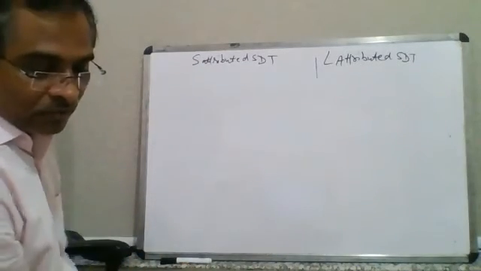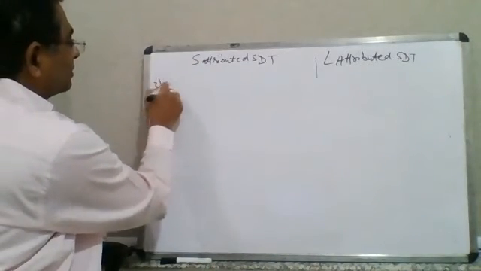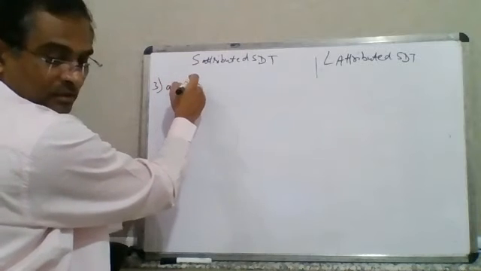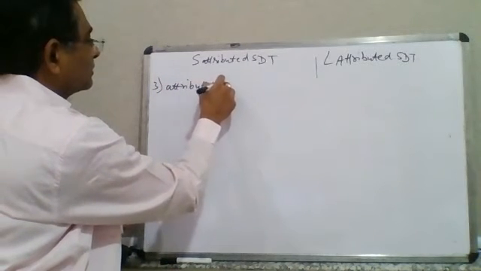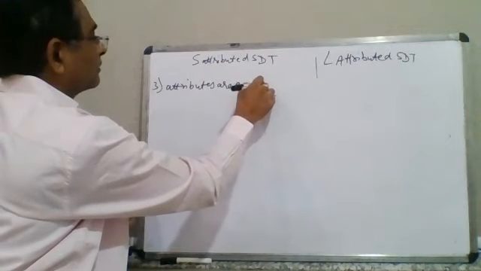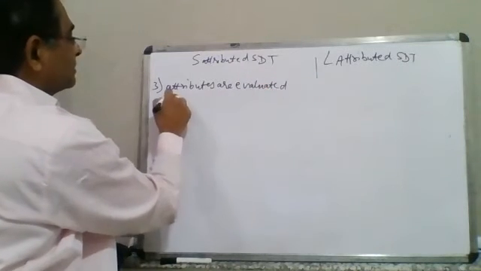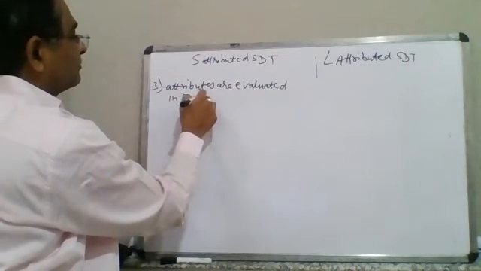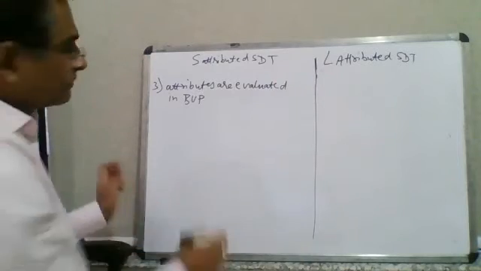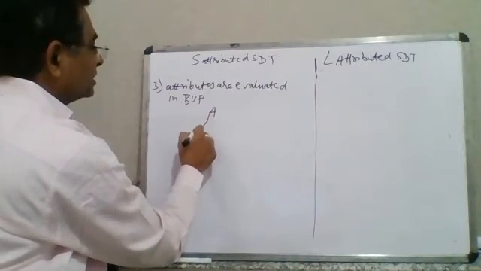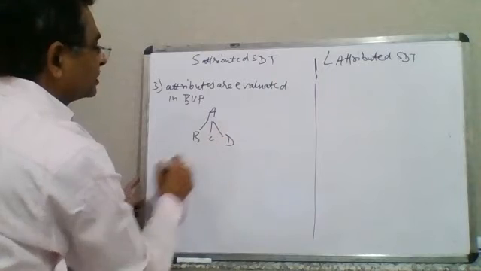So all attributes are evaluated in bottom-up manner, right? And what is the meaning of this? Let's say A tends to B, C, and D. This is the situation.